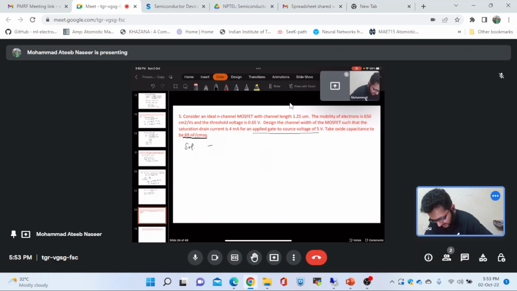By writing the saturation current equation, which is equal to 1 by 2 mu n C ox W by L into VGS minus VTH whole square. So the ID is going to be equal to 4 milliamperes, so it's 4 into 10 raised to minus 3. This is 1 by 2.